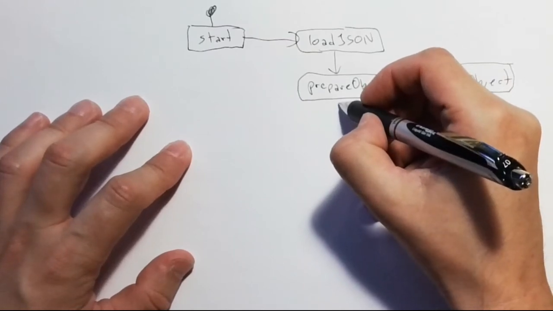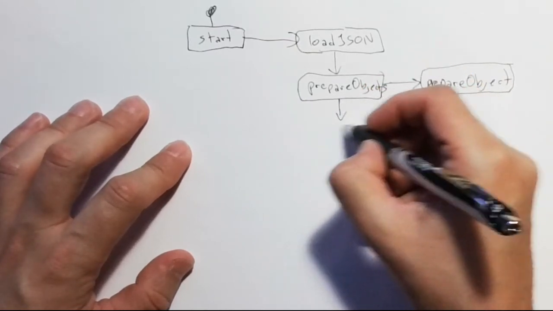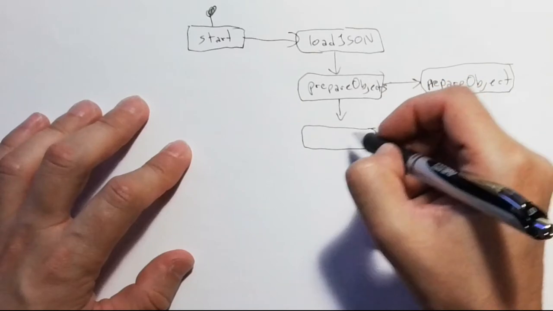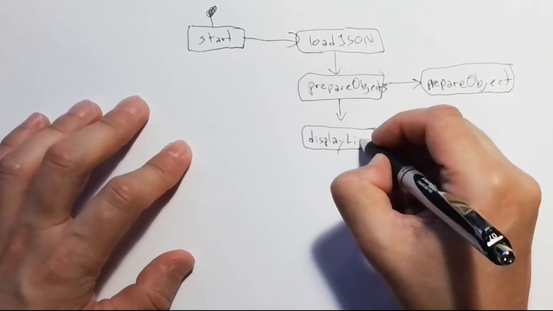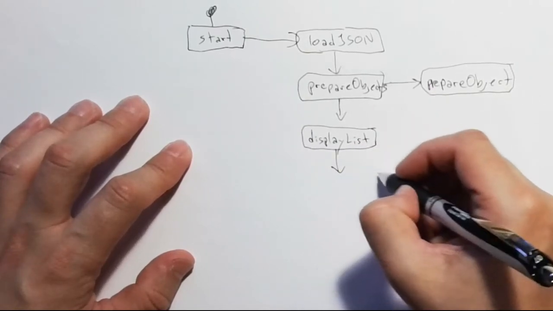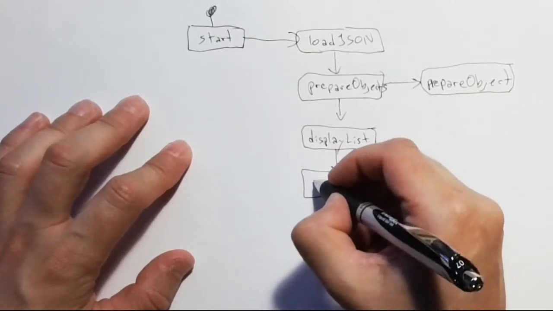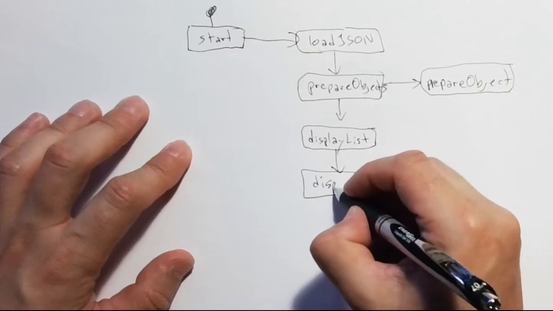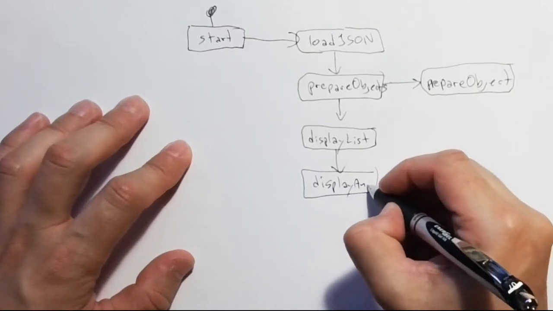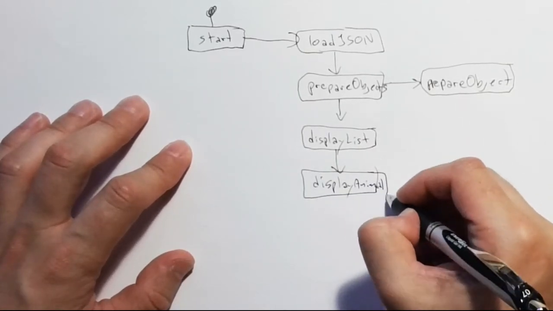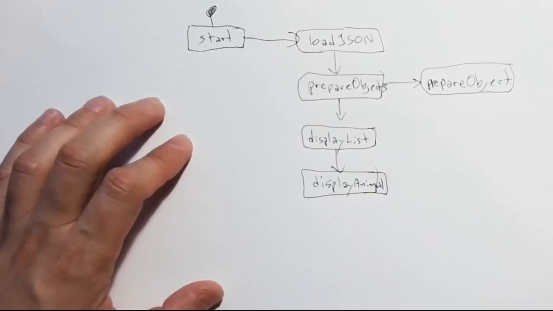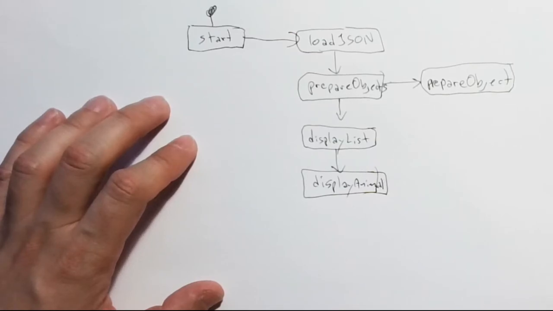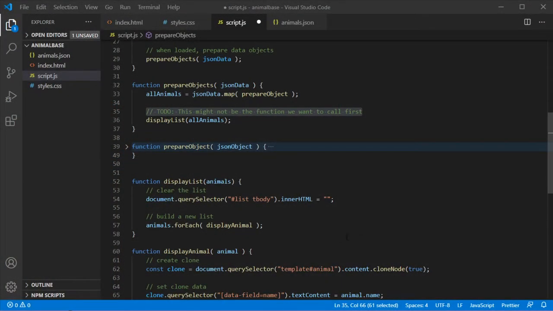So this one calls display list, and that calls display animal. This looks like a nice, decent diagram, let's look at the parameters.